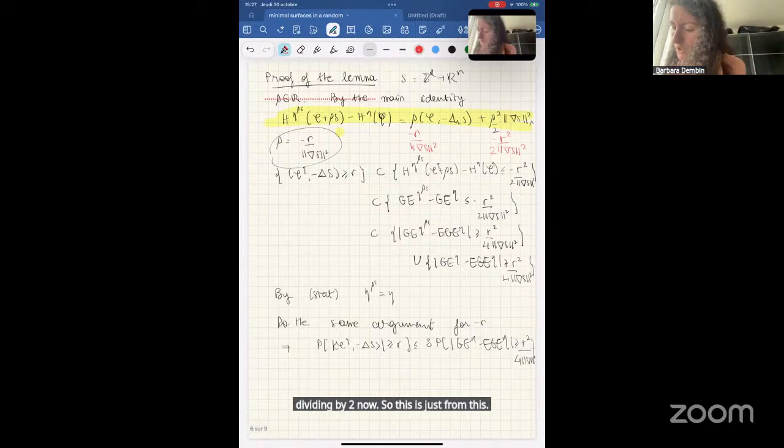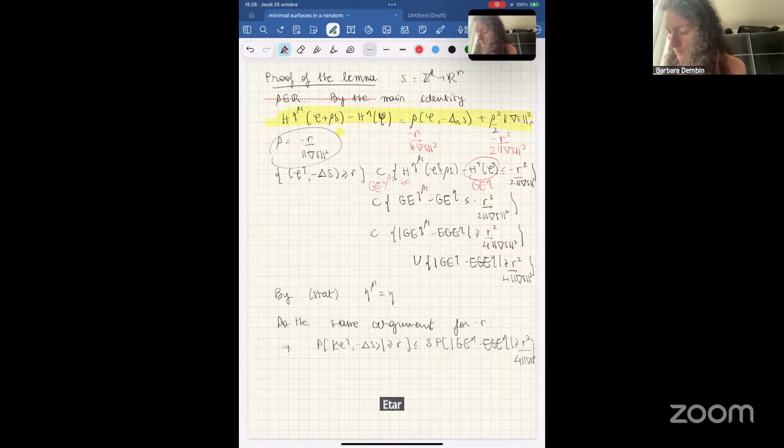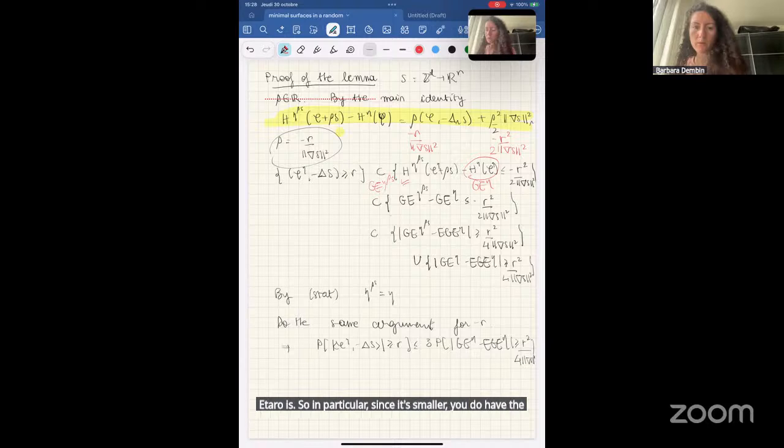And here we have applied it with phi_eta being the minimizer of h_eta. So this thing by definition is equal to g_eta. And then for this inclusion you use that since this is not the minimizer, it has to be smaller than G_eta of rho s. So in particular, since it's smaller, you do have the containment that way.